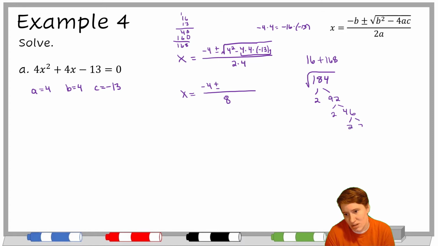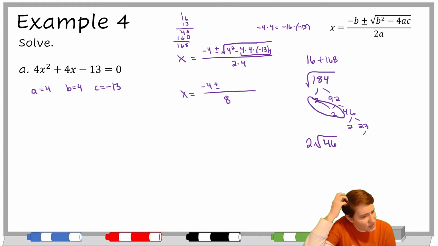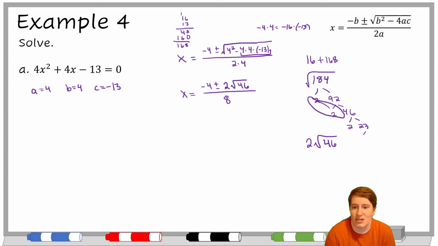And then 2 goes in 23 times. And 23 is prime. So we get a pair of 2s and a 2 and a 23 left over inside, which is 46. Now, that doesn't seem like a really great answer, and I get that. But it is what it is.